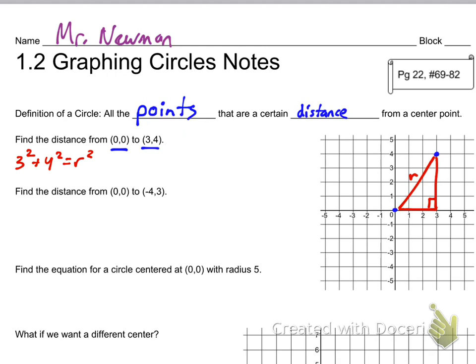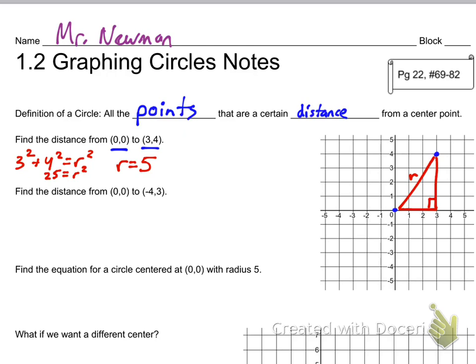And I'm going to call it r. You'll see why in a little bit if you haven't figured it out already. So a squared plus b squared equals c squared. So 3 squared plus 4 squared equals r squared. We just solve for r and we get r equals 5. So that distance from 0 to 3, 4 is 5.